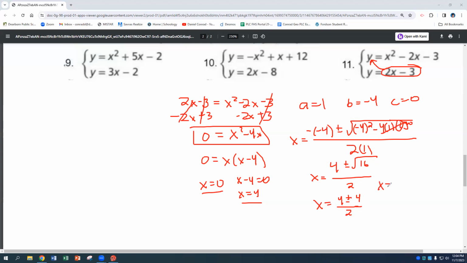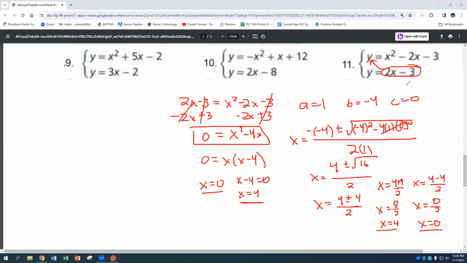So then I get x equals 4 plus 4 over 2, which is 8 over 2, which is 4, right? Which is what we got over here. Or it's got to be 4 minus 4 over 2. 4 minus 4 is 0. And 0 over anything is going to be 0. Okay, so we get our x's.